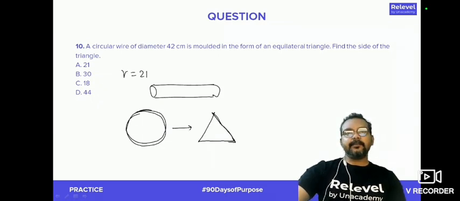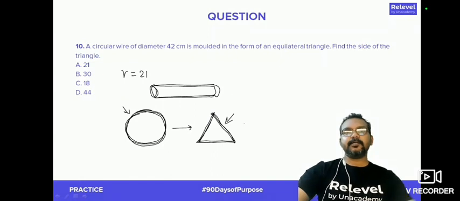That means the perimeter of the two shapes are the same, the length. It's not a solid wire in that sense. What they're saying is you have a wire which is kept in the form of a circle, which has now been deformed and converted to a triangle. Means the length of the circumference and the length of the perimeter are the same for these two shapes.